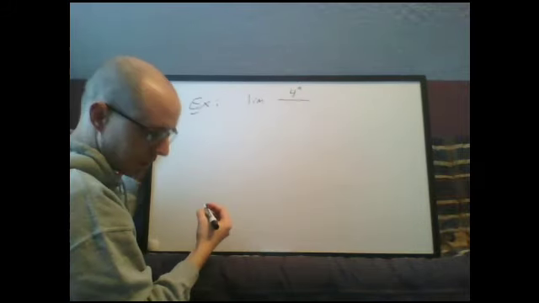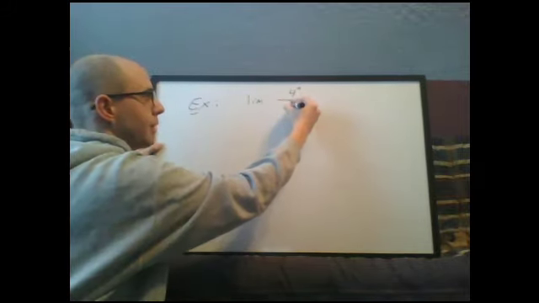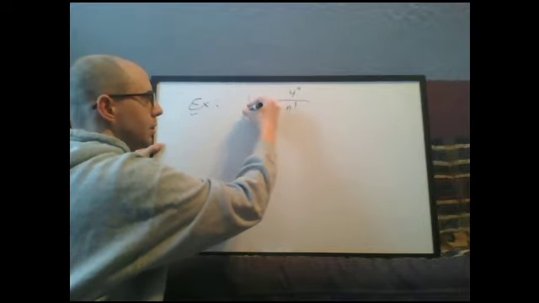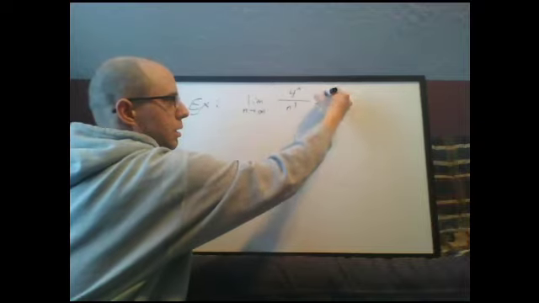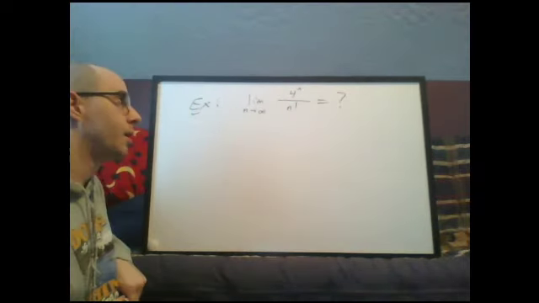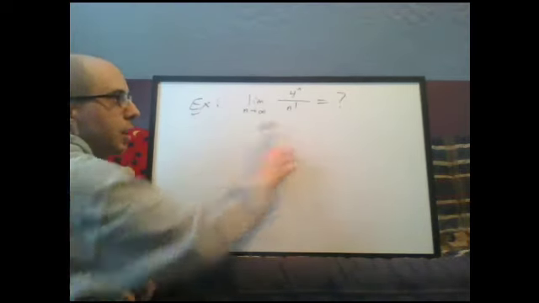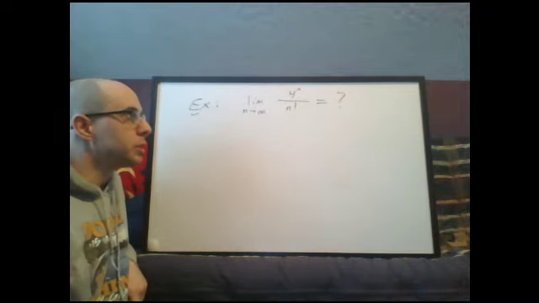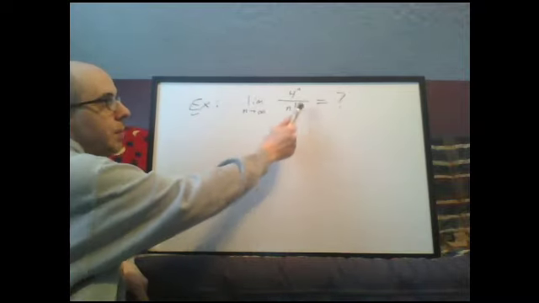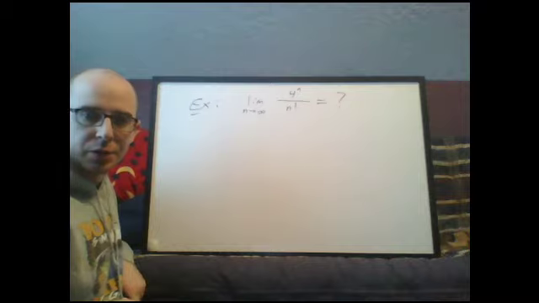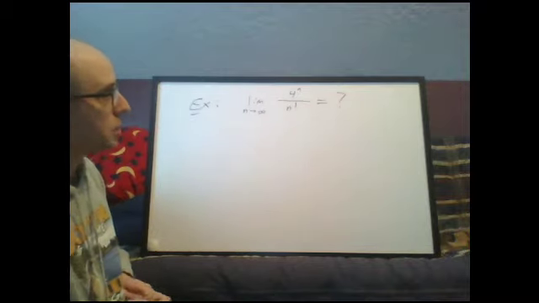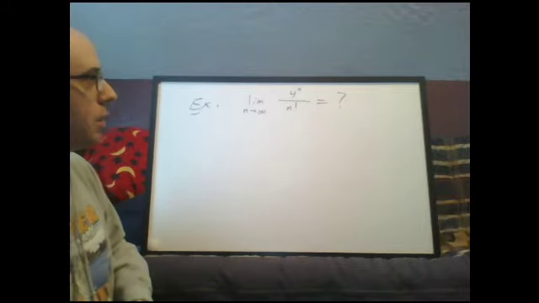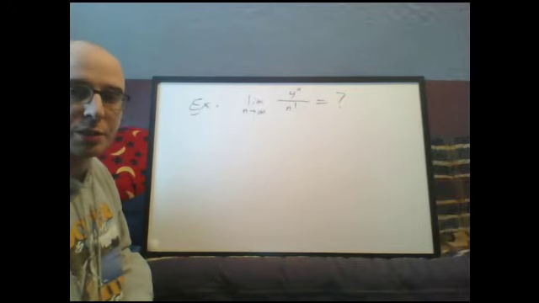I want to take the limit of 4 to the n divided by n factorial as n approaches infinity. I want to figure out what this value is. But this time, I don't have two factorials, so I don't really have an opportunity to simplify it, to cancel anything. So instead, let's study the pattern that this sequence is following.